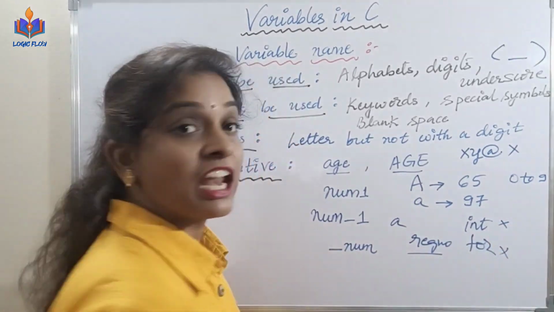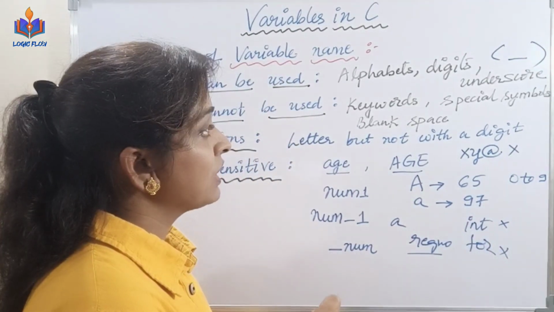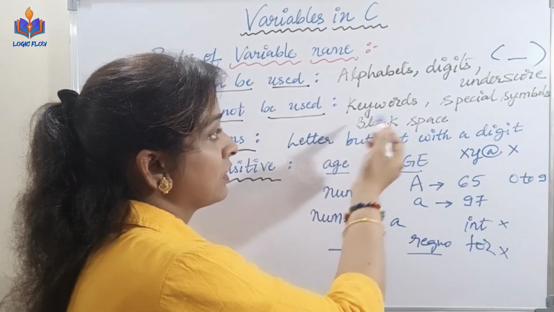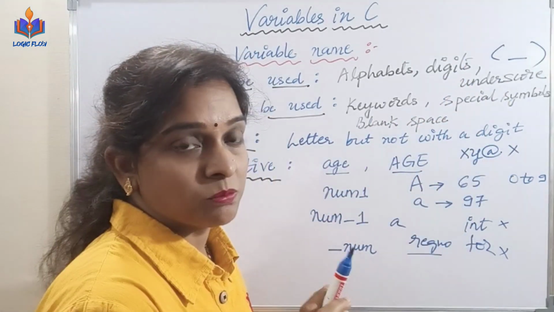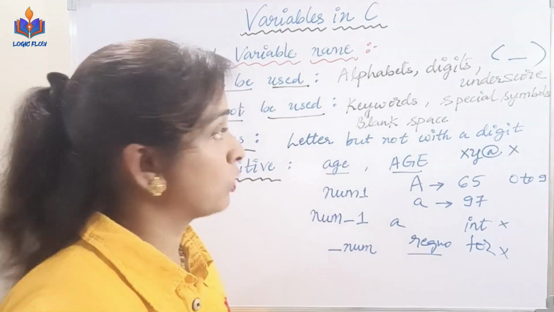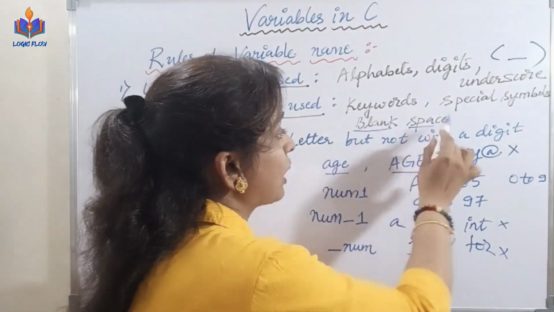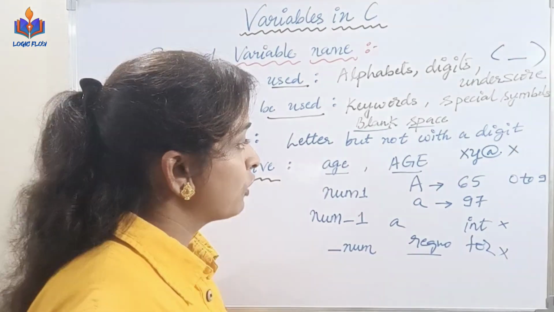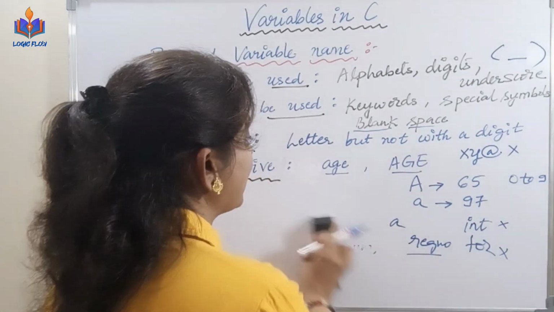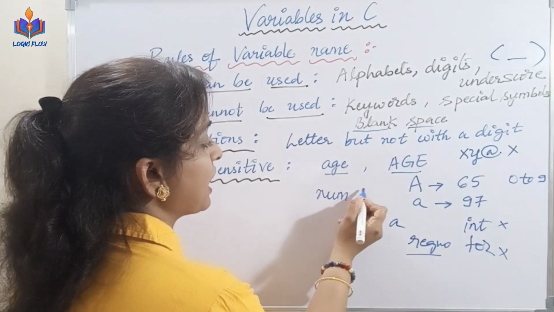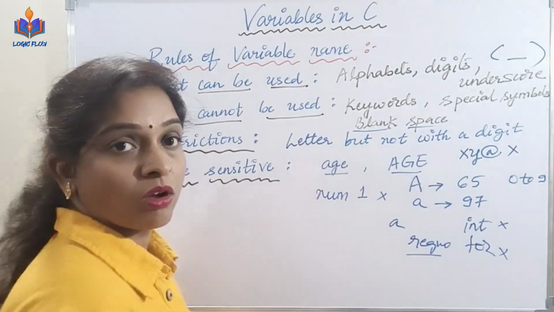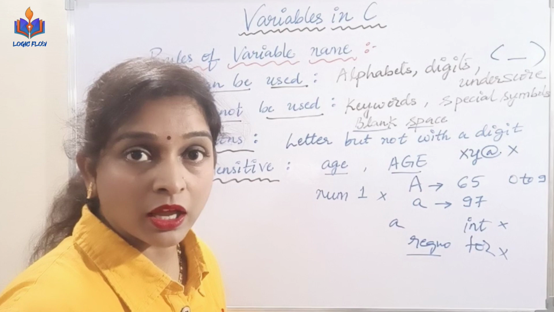This is wrong, invalid. We can use underscore, but not the other special symbols. The only allowed special symbol is underscore. Then you cannot use blank space. For example, num space 1 is wrong. So blank space is not allowed.